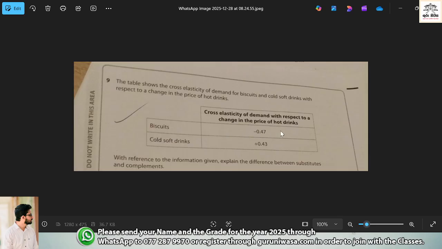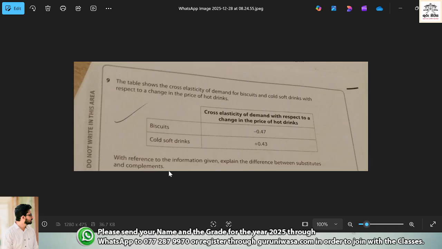Be careful. Cross price elasticity of demand with respect to a change in price of hot drinks. Here my PY is what? PY is the price of hot drinks. Biscuits 0.47, cold soft drinks plus 0.43. With reference to the information given, explain the difference between substitutes and complements.